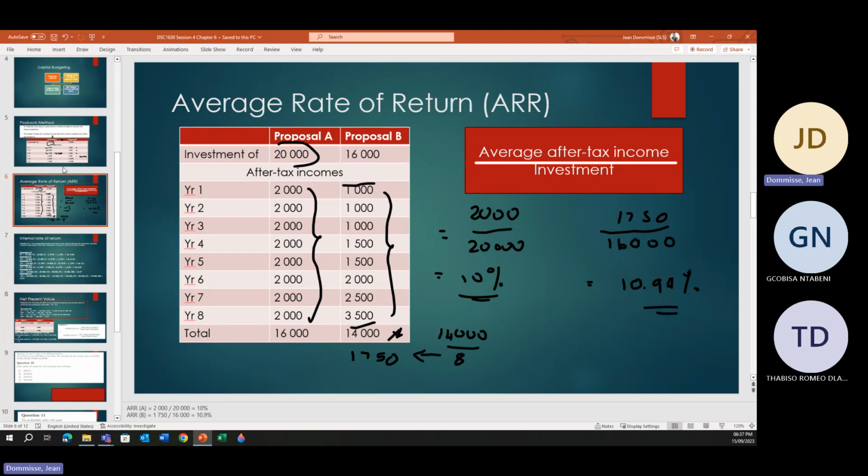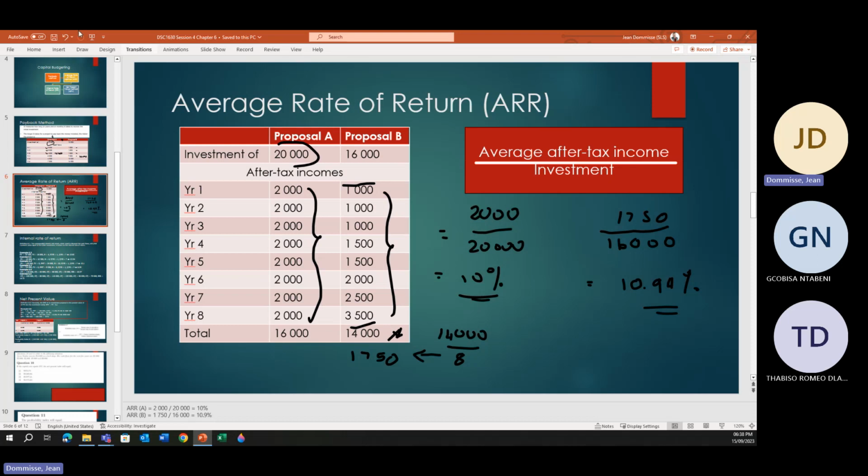And I think that is also why I will share this with the recording, just for you guys also later to see the differences in the formulas, because it's very important, because what they can ask you is to give you the same information, and then they can say: by using the average rate of return, which proposal would you go for?